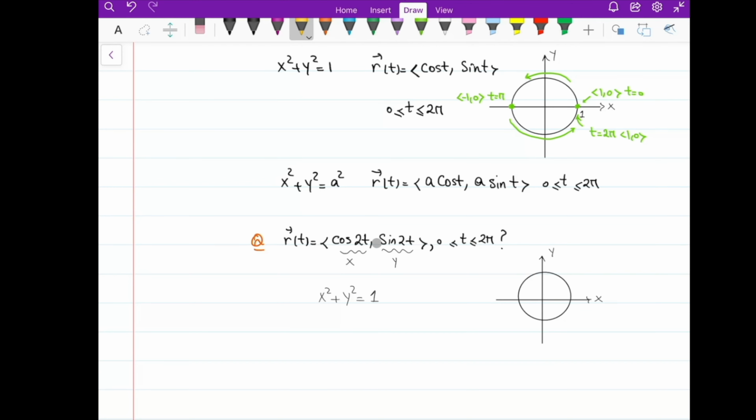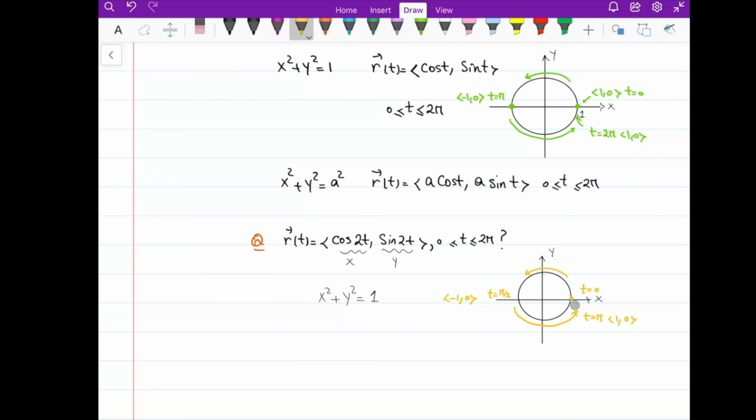At t equals 0, I get cosine of 0, sine of 0. Cosine of 0 is 1, so at t equals 0, I'm here. Then I'm going to move along the circle, but let's plug in t equals pi over 2. I get cosine of 2 times pi over 2, so cosine of pi, which is negative 1, and sine of pi, which is 0. So at t equals pi over 2, I'm here. At t equals pi, I get cosine of 2 pi, which is 1, and sine of 2 pi, which is 0.